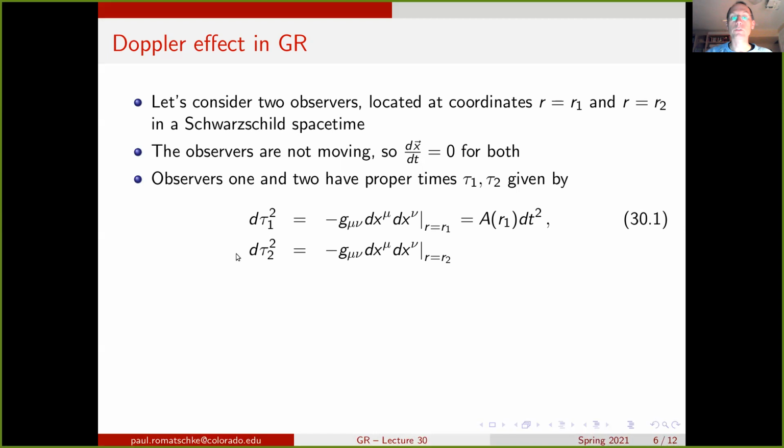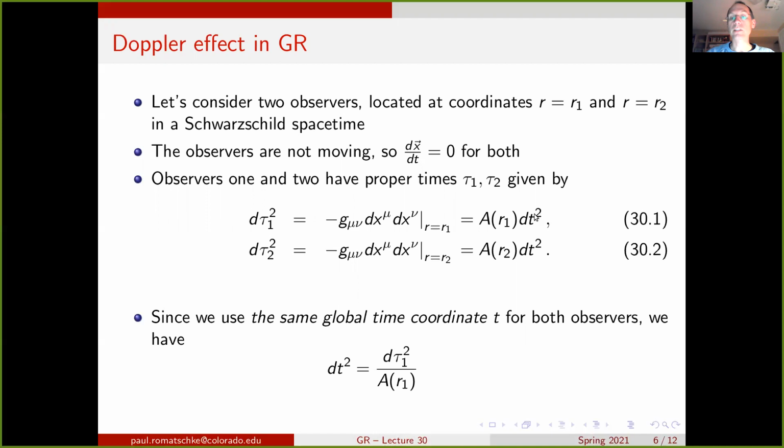Similarly, for observer 2, its proper time increment dτ2 squared is equal to minus the line element evaluated at r = r2. So that is, of course, equal to the Schwarzschild factor evaluated at r2 times the global coordinate dt squared.